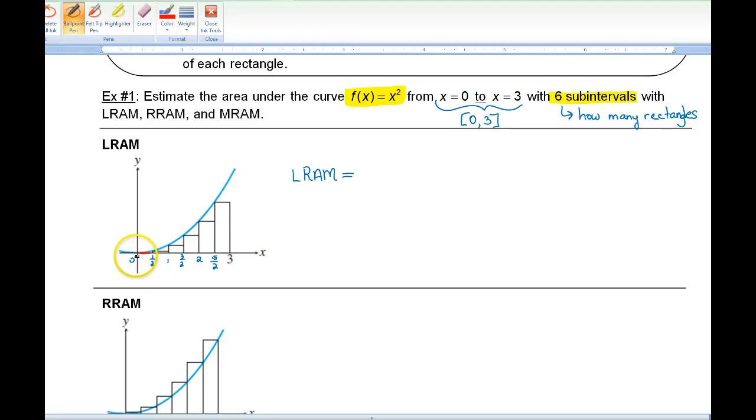So first of all, the left-hand endpoint, so it starts from 0 and it ends at a half. So the left-hand endpoint is the 0. The length of the subinterval, if you just look at each of these subintervals, so the subinterval length is equal to a half here.